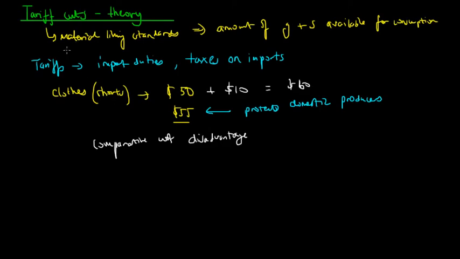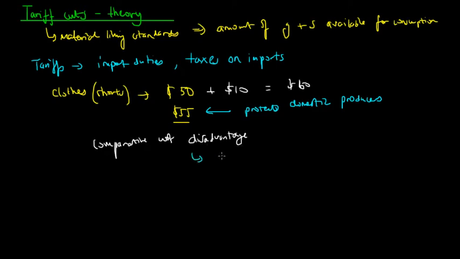So coming back to this idea of material living standards, and how economics is a study about maximizing our living standards: if we maximize our living standards, we are concurrently minimizing our opportunity cost. But since these industries have the comparative cost disadvantage instead of advantage, we are not maximizing our living standards because we are not minimizing our opportunity cost.